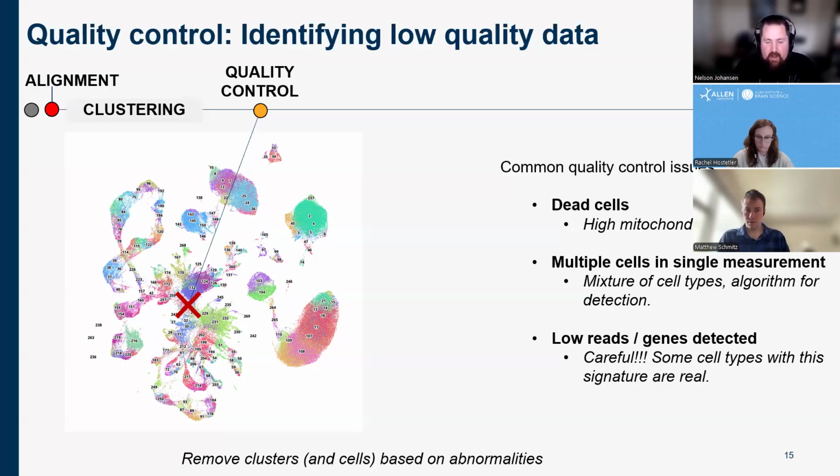Or you just have low reads, low genes detected, and this could be a quality issue, or it could be a real property of cells. Small cells have fewer genes, fewer reads. That's a harder one to use properly. But anyways, the goal is to take our clusters and try to trim them down to just clusters of good quality data that will help us build this hierarchy.